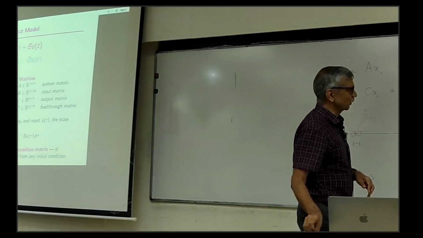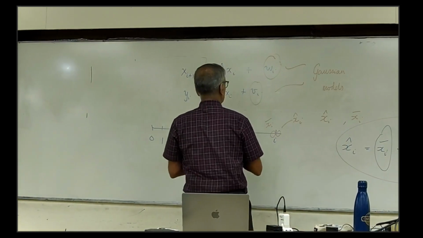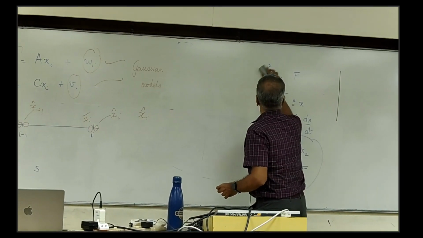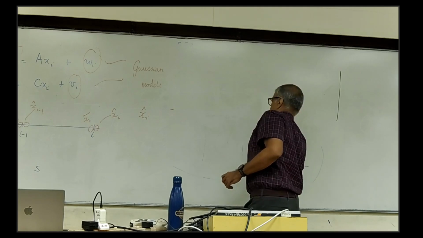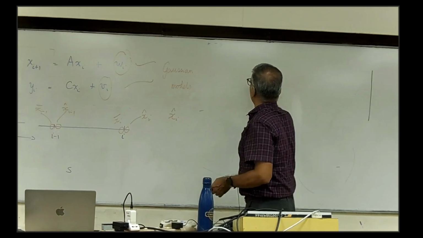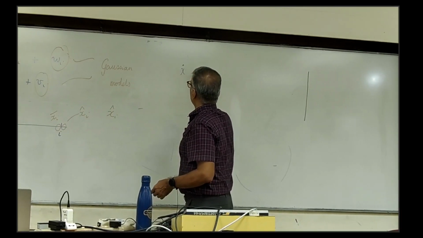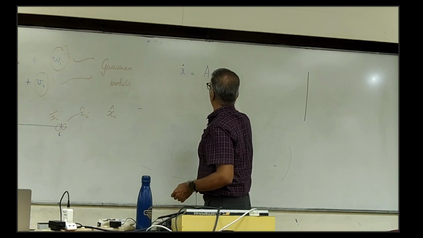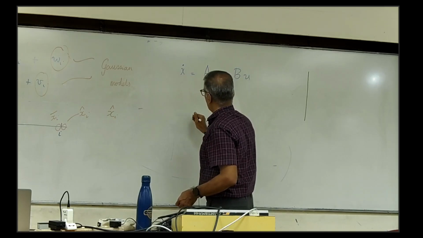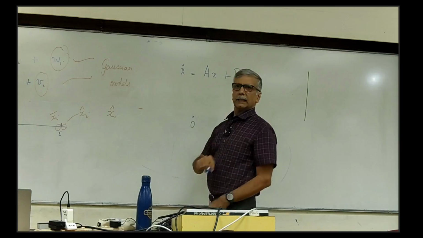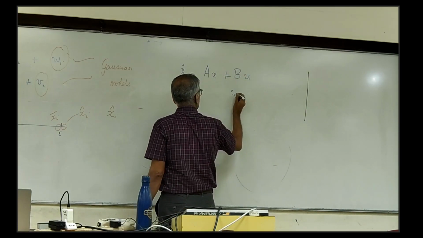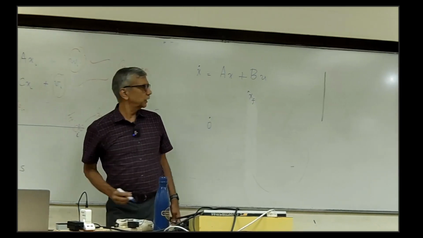Okay, let me ask you this. Say you have a state space model. Let's say I am at the 0 state, x is 0. You tell me you have to go to the state xf using some control.